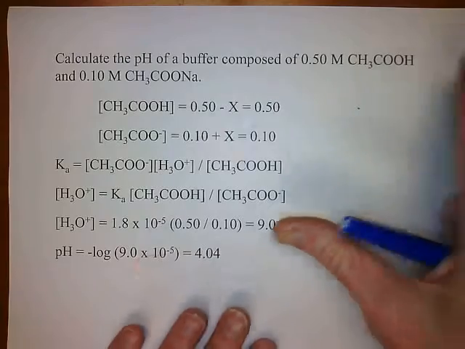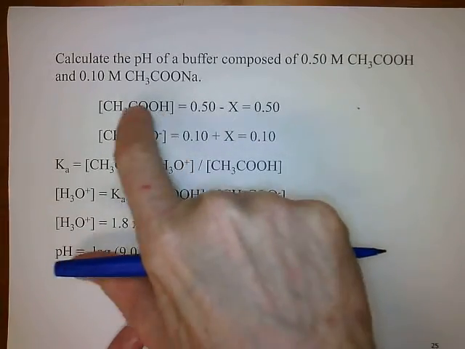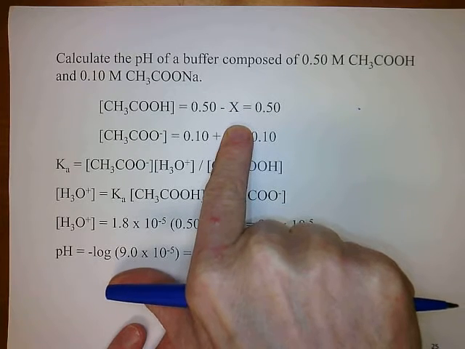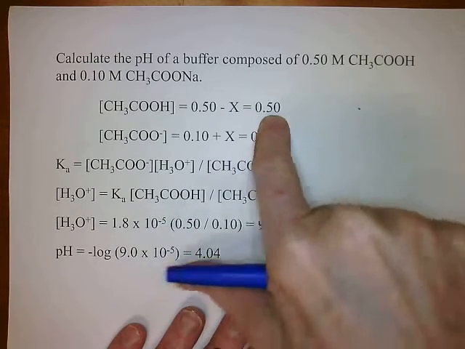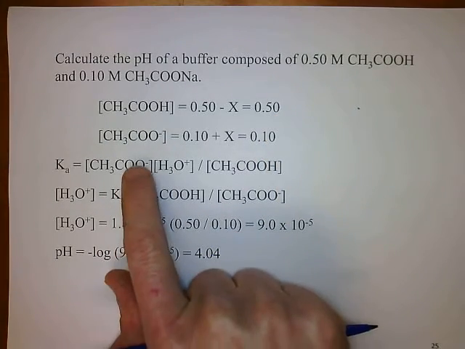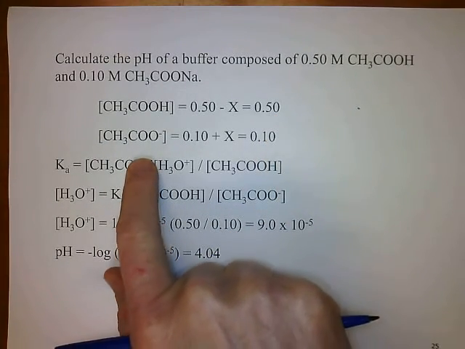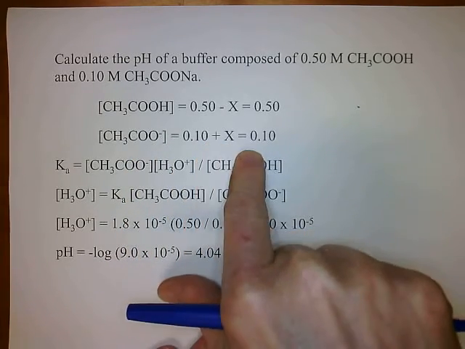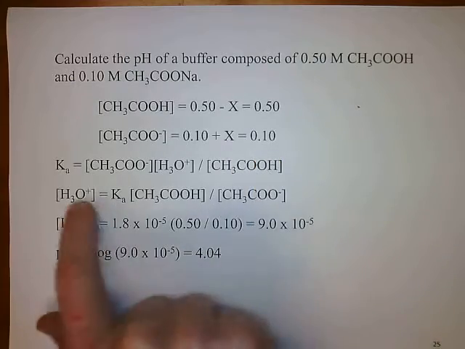X represents the shift. So the concentration of the acid form will be 0.5 minus X, which for all practical purposes will be equal to 0.5. And the concentration of the base form will be 0.1 plus X, which for all practical purposes is equal to 0.1.